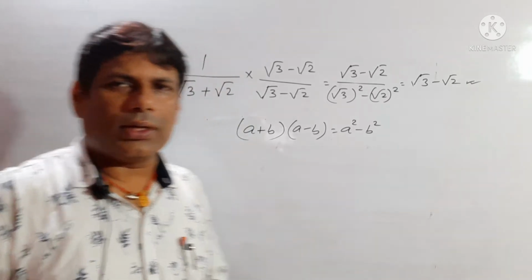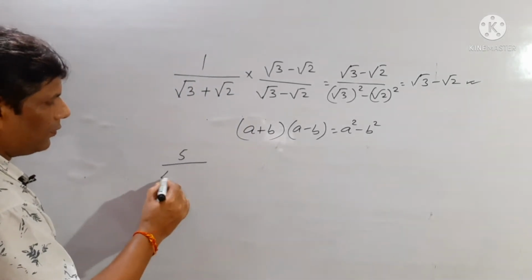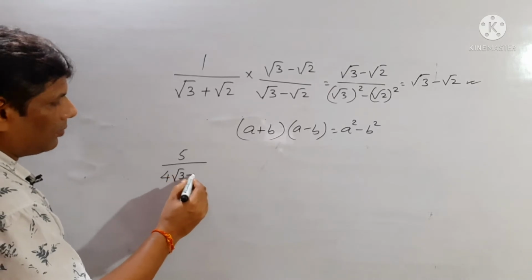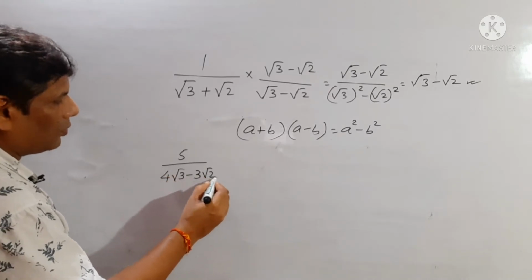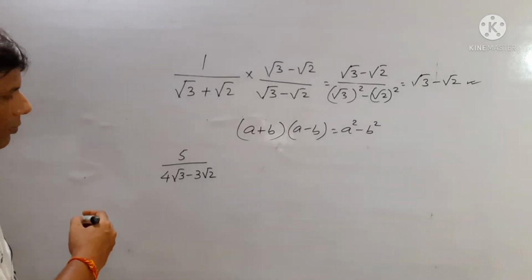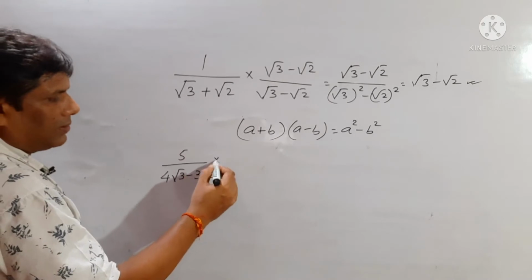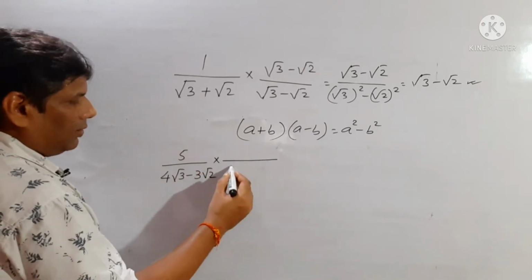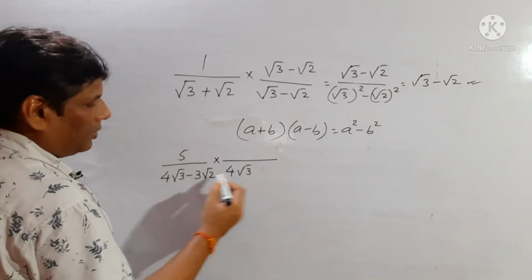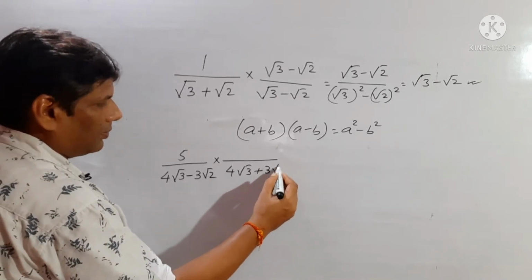So in this way the irrational denominator is removed and we get a rational number. In the same way, we take another example, 5 by 4 root 3 minus 3 root 2. If this is rationalized, by 4 root 3, here it is minus, so we multiply by a plus sign.